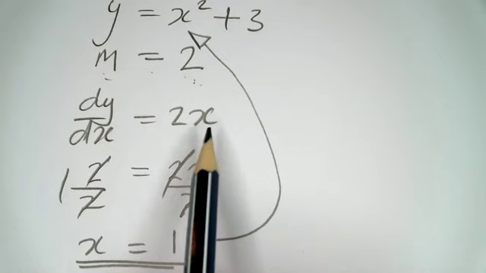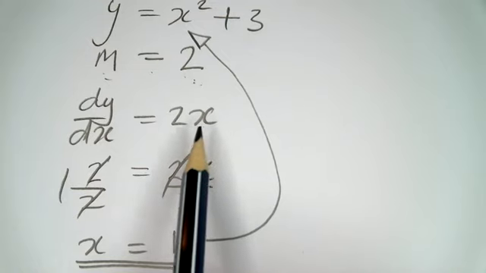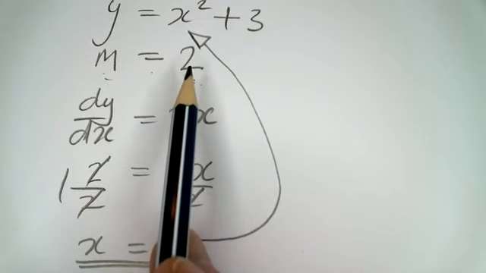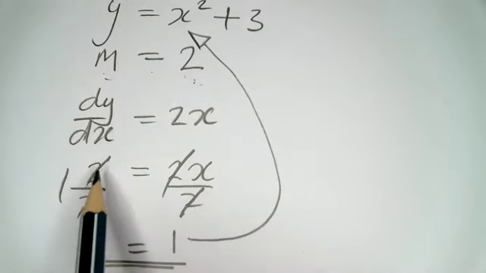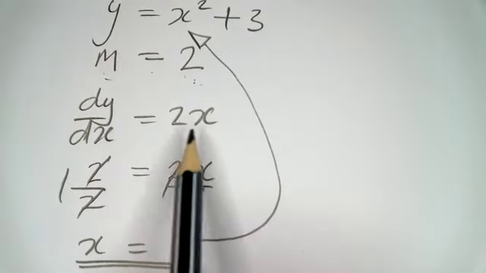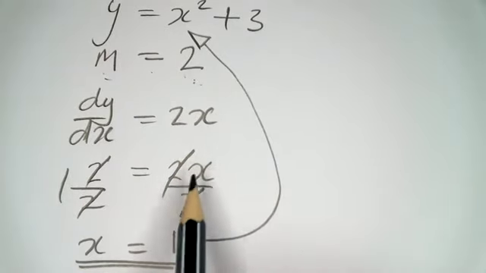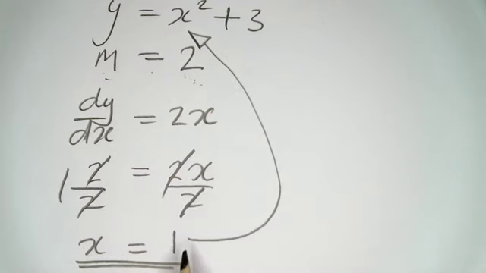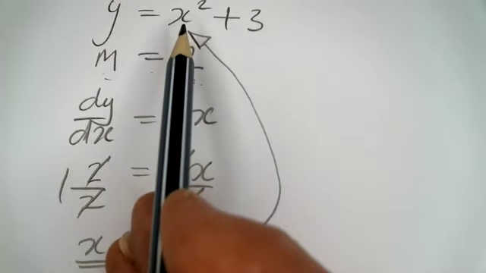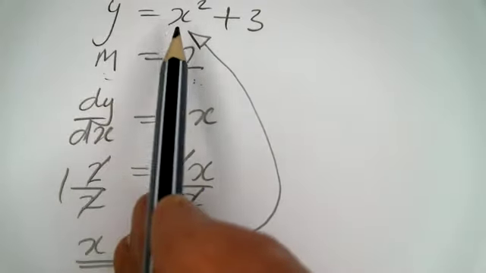And we've substituted in the gradient, which is 2. We've written in is equal to the gradient function. We've solved for x, and x is 1. So now we know x is equal to 1. And all we have to do now is find out what the y will be when x is 1.